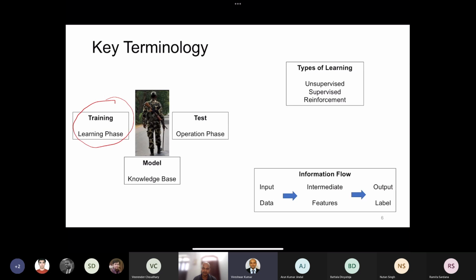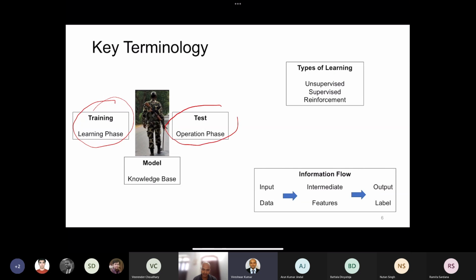One is the learning phase, where we are actually training that machine learning algorithm to identify whether something is a gun or a sheep, or as I showed you in the first example, whether something is a COVID infected scan or a normal scan, or something is a car or a bike. So we are just training that machine learning algorithm.